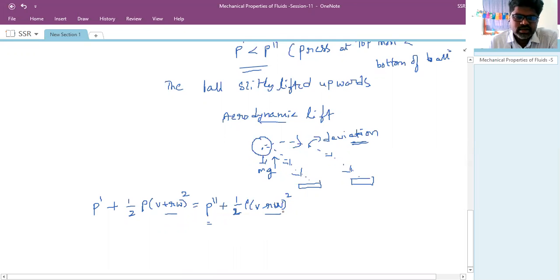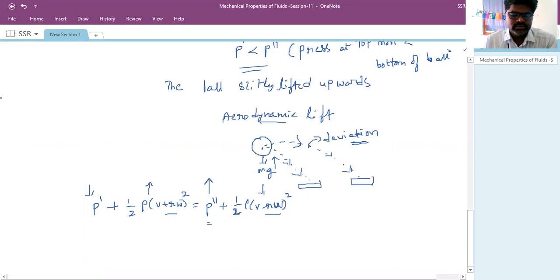Suppose the velocity increases to V plus R omega at the top point, then the pressure decreases there. At the bottom the velocity decreases to V minus R omega, so the pressure at the bottommost point increases. We can understand this simply by using Bernoulli's theorem. Are you clear on this?